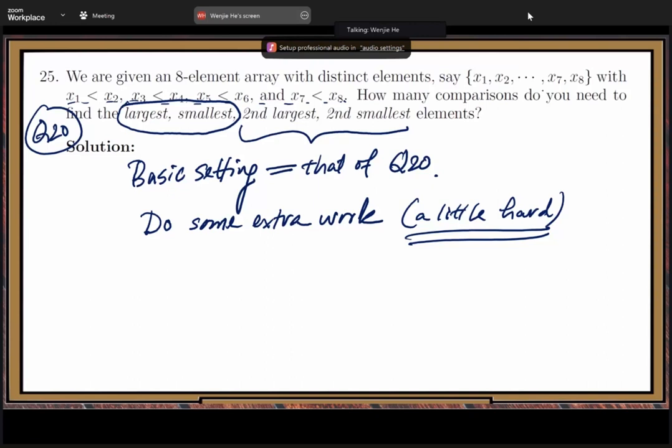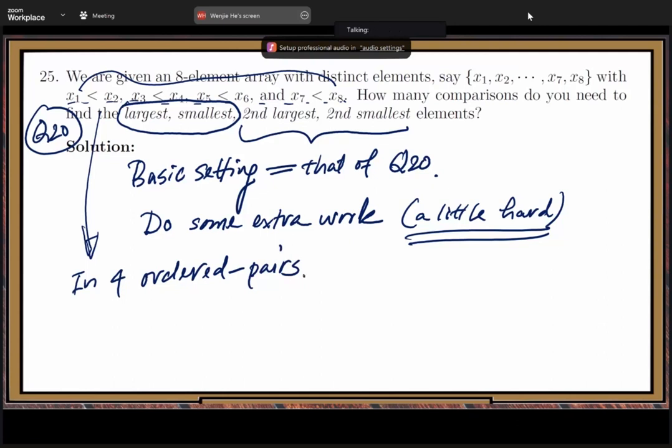Only 8 elements in 4 pairs. 4 ordered pairs, right? Because the order is given, okay? Ordered pairs.